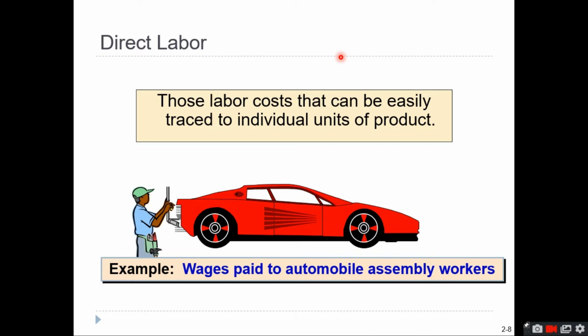Which means that this labor is hands-on or directly handling the processing, the assembly, and the finishing of the main product. An example there is the wage or the salary of the assembly workers.